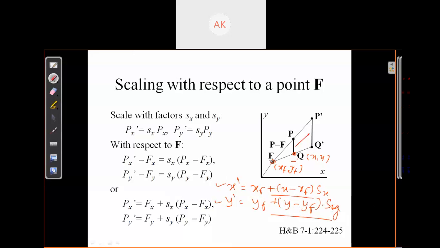Here your fixed point is F, and the coordinates of F are xf and yf. You just substitute these values in your equation and get this. In matrix form, you get P dash equals your scaling matrix into the original coordinates plus T, the translation parameter. This is the form of the equation when, in scaling, your fixed point is not the origin.